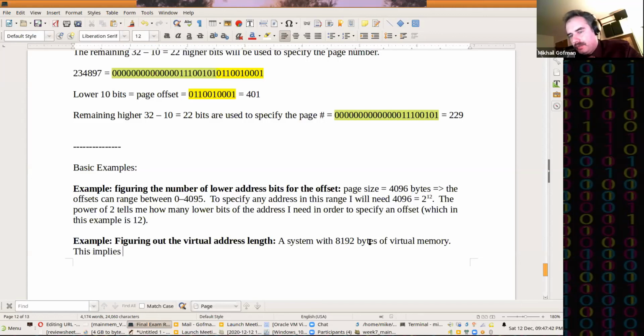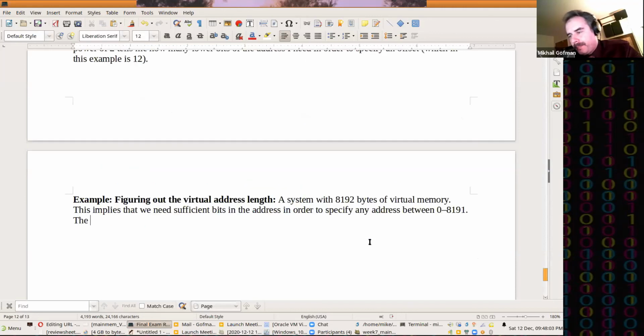This implies that we need sufficient bits in the address in order to specify any address between 0 and 8191. Since 8192 is equal to 2 to the power of 13, the address length is 13 bits. Okay, make sense?